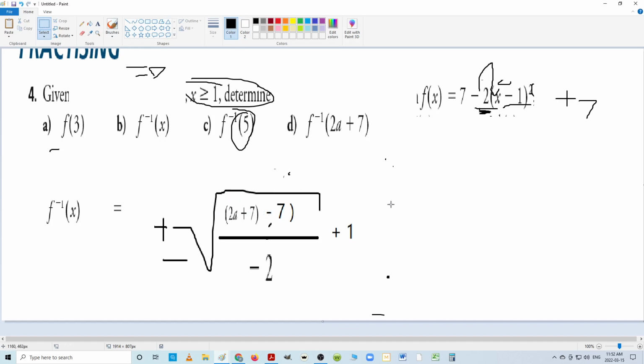So what happens immediately? I can see that the 7s disappear. I can see that the 2's divide out by each other. Now here's the only problem. I'm left with a minus a.